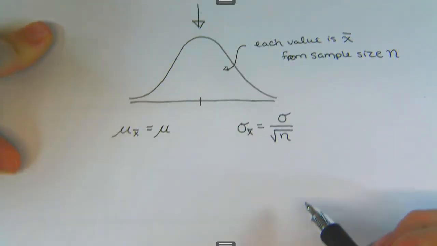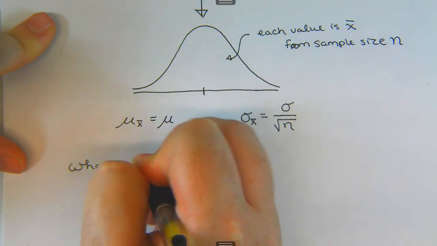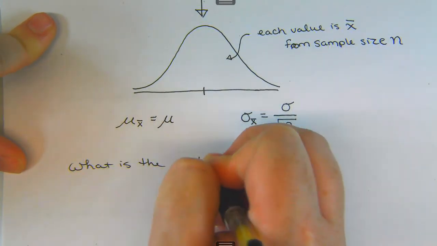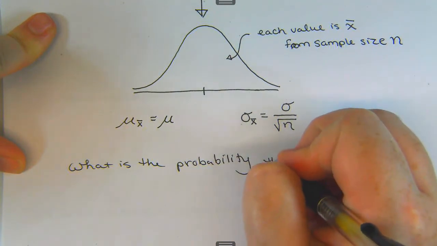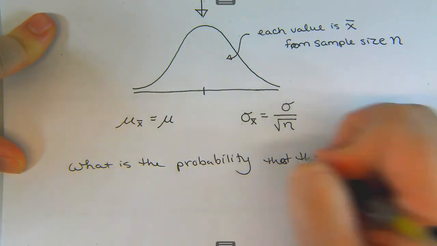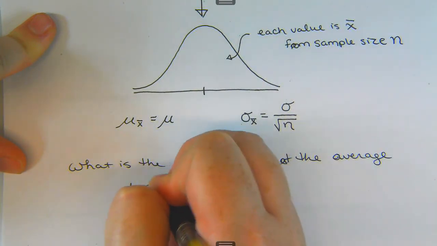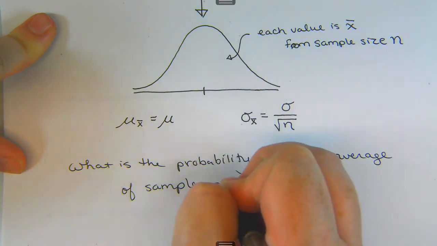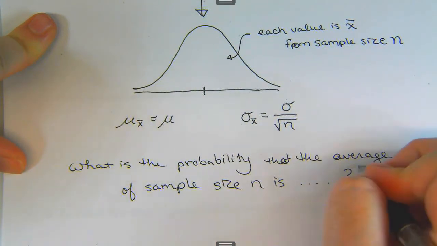And what this allows us to do is answer questions that deal with what is the probability. So finding probabilities that the average of sample size n is, and then go from there.